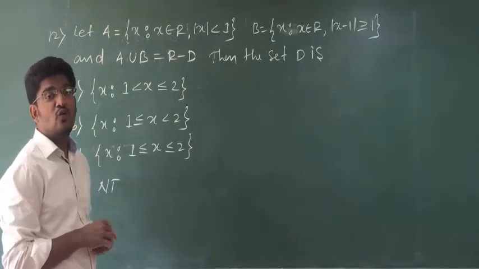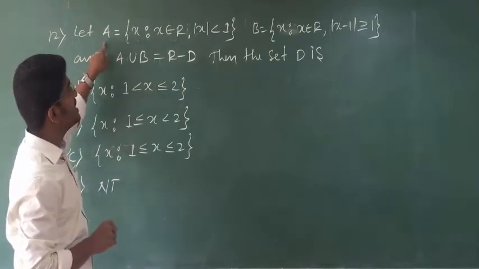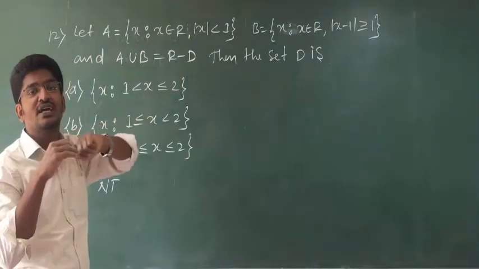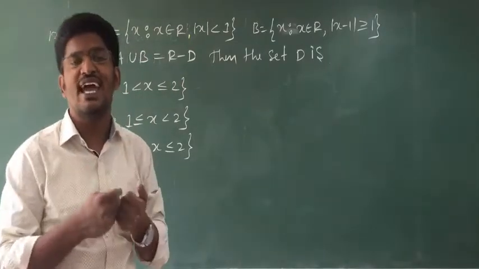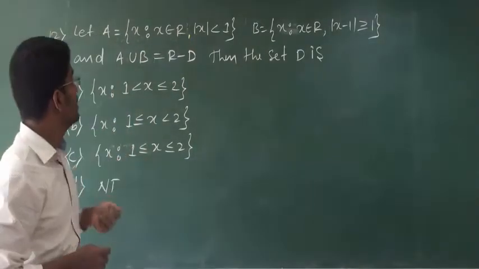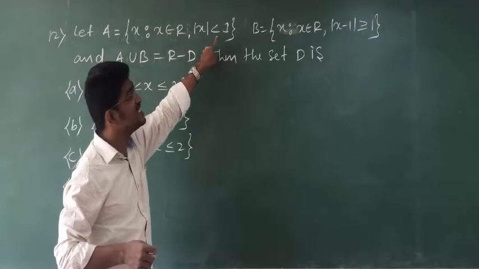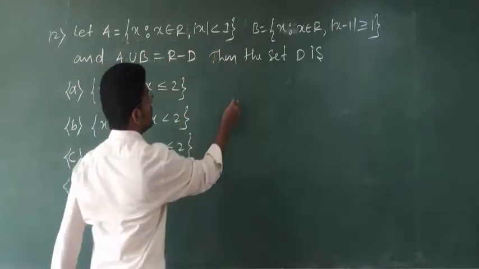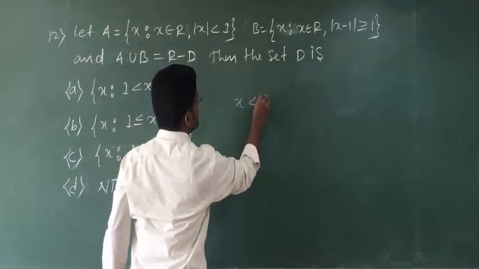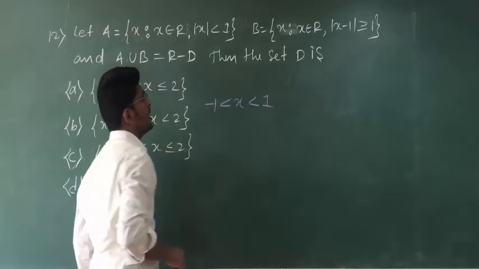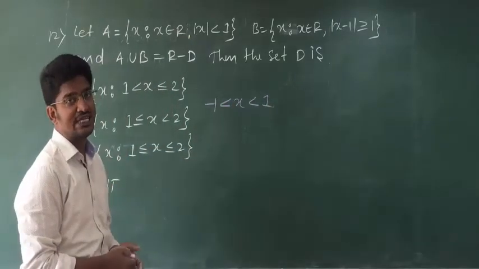For that, what is the necessary thing? Set A and set B have to be solved. So mod x lesser than 1 is nothing but x is lesser than 1 and greater than minus 1. That's what the mod function tells.